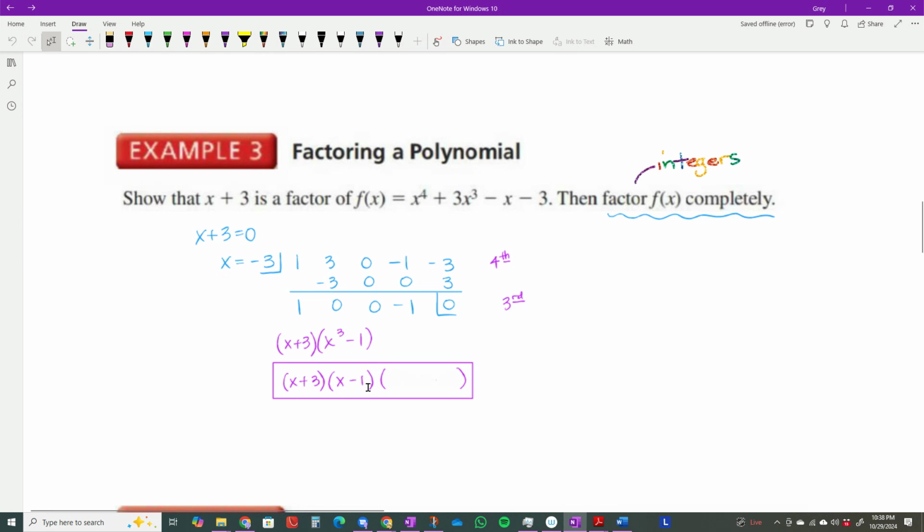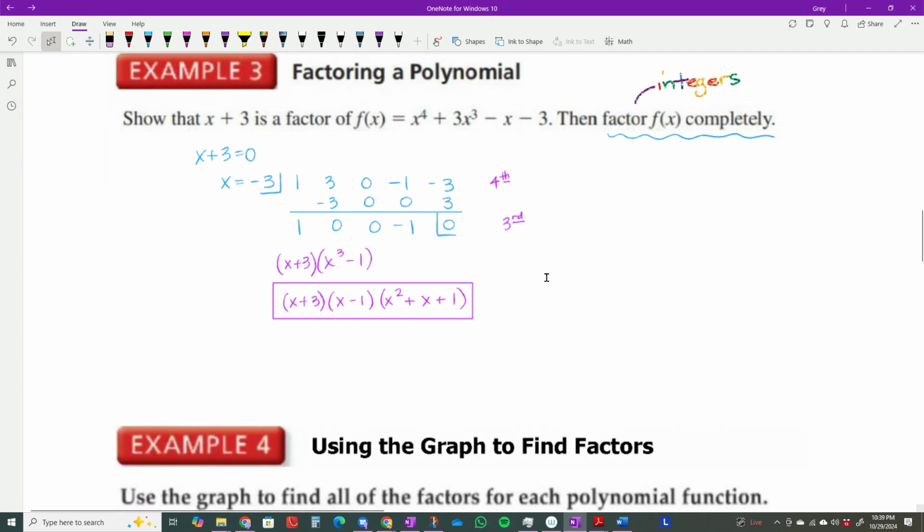Then I use this linear factor, and I square the first term, which is x squared, change the sign, multiply them together, ignoring the sign because that plus took care of it, and then the last one is always positive, squared. Okay? And as I've mentioned to you before, this is always prime. So you know you're done. Okay? You cannot be factored over the set of integers.